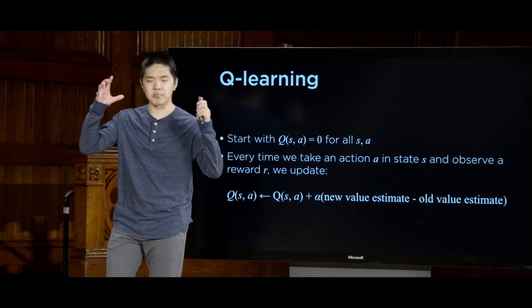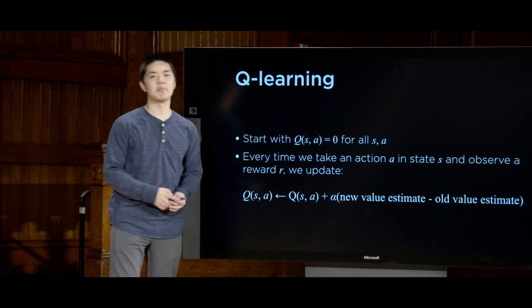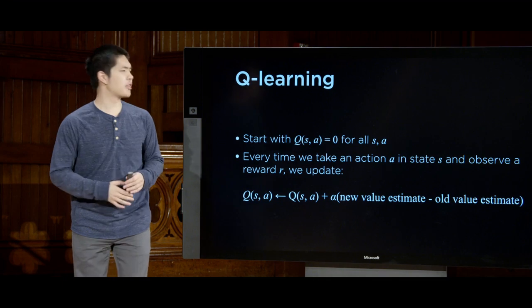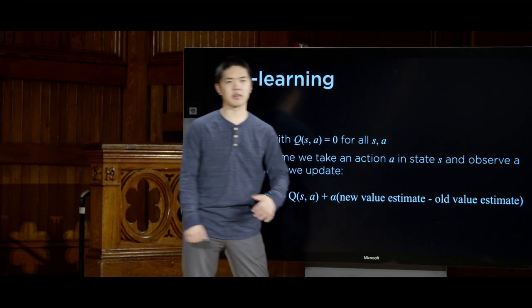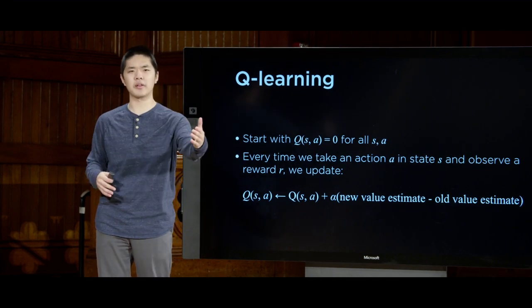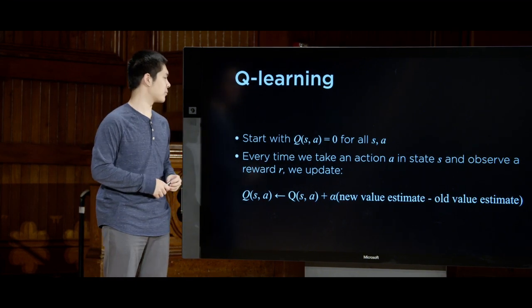So we have some preconceived notion for what the value is for taking this action in this state. Maybe we currently think the value is 10. But then we're going to estimate what we now think it's going to be. Maybe the new value estimate is something like 20. So there's a delta of 10: our new value estimate is 10 points higher than what our current value estimate happens to be.